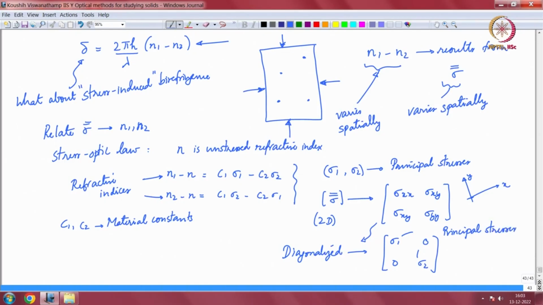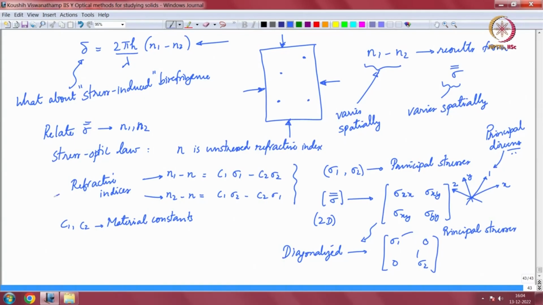And the direction in which this diagonalization happens, basically the orientation along which the stress tensor becomes like this, these are called the principal directions, right. So, the values of the principal stresses go into the stress optic law.